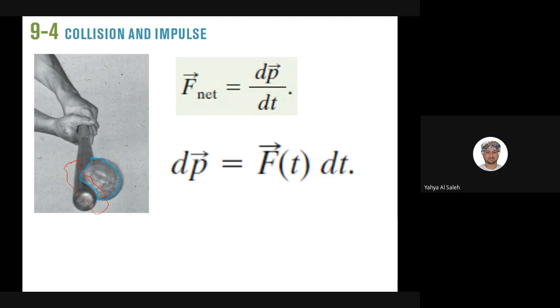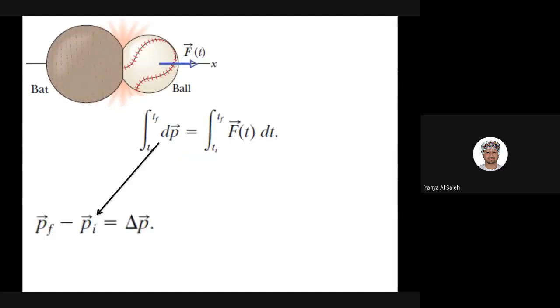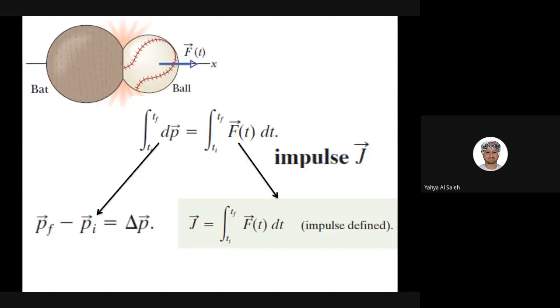And we already said that force is the rate of change of momentum, how quickly you change the momentum. If I flip it around, then dP is equal to F(t) dt. Otherwise, the change of momentum, my final momentum minus my initial momentum, is equal to what we call an impulse.